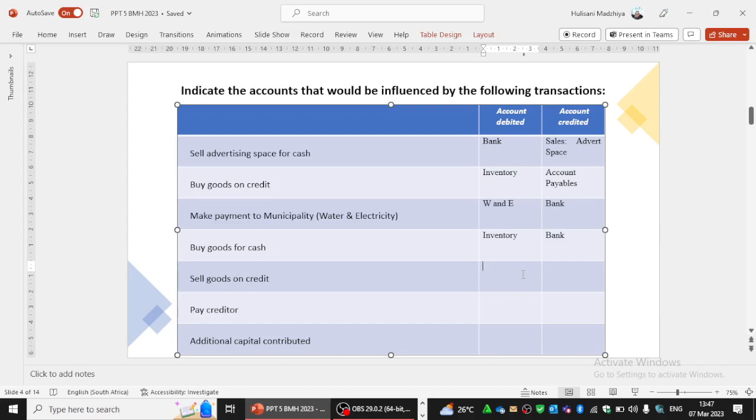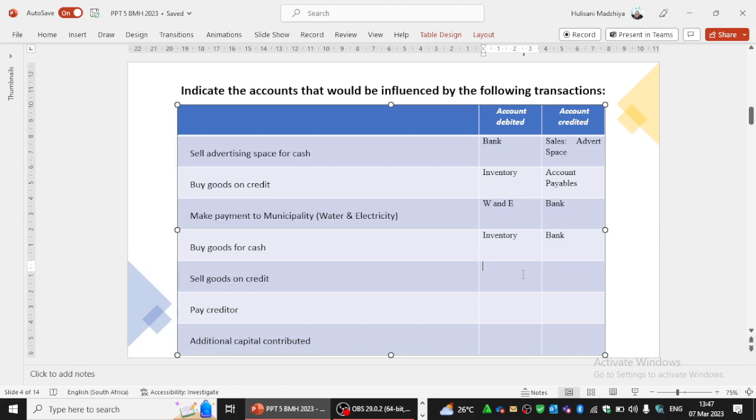So under sell goods on credit, it means that you are selling something to someone, but this time the person is not actually giving you money. So your bank account will not go up, but the people who owe you, that account will go up.